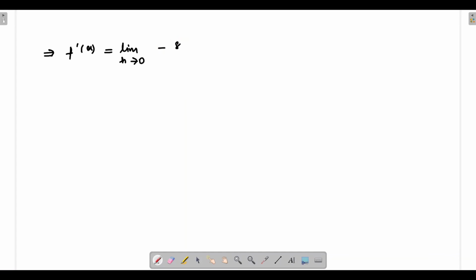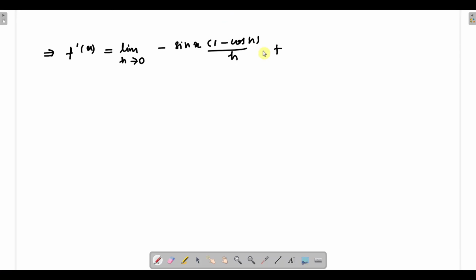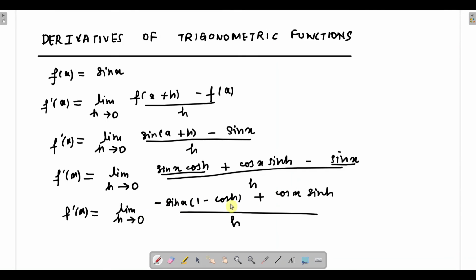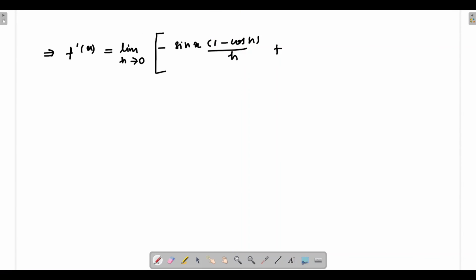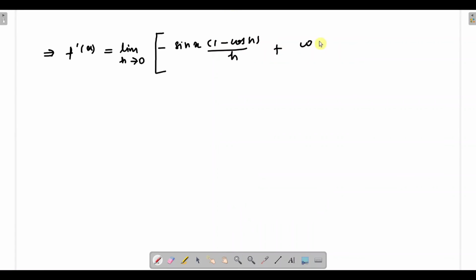We will get minus sin x times 1 minus cos h divided by h, plus cos x sin h divided by h, right?